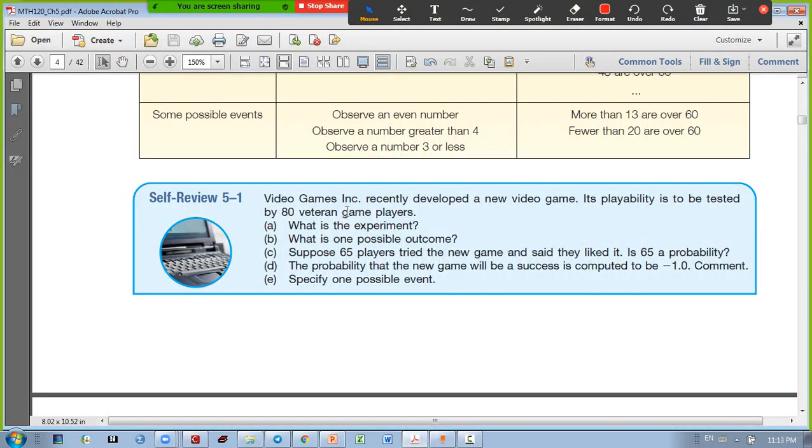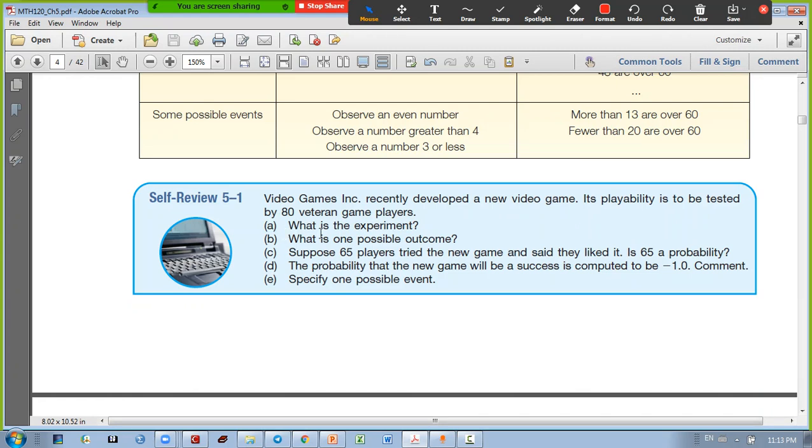Video Games Corporation recently developed a new video game. Its playability is to be tested by 80 game players, or maybe volunteer game players. In this case we have five questions.